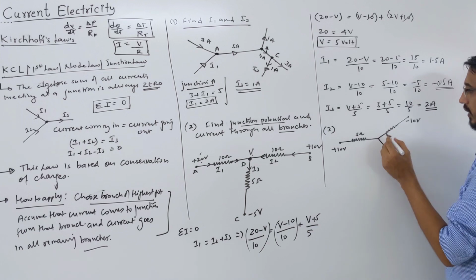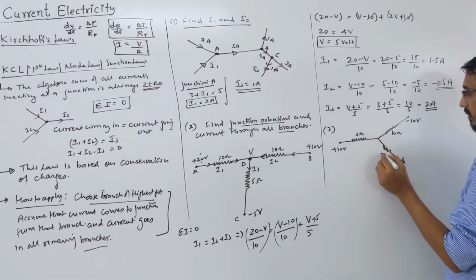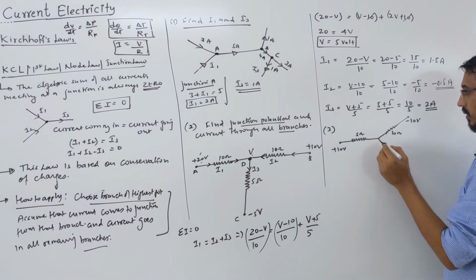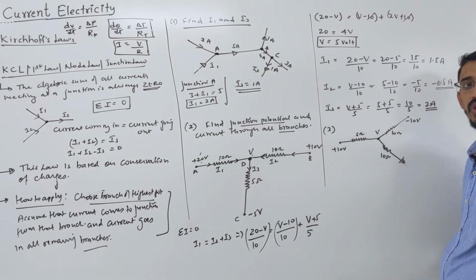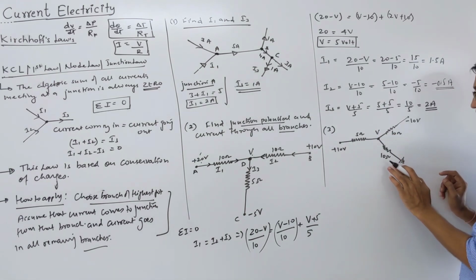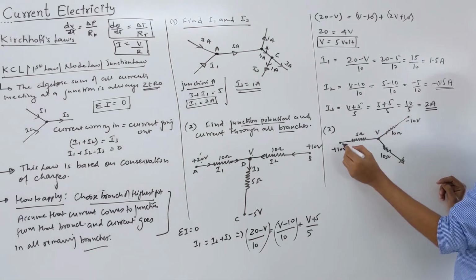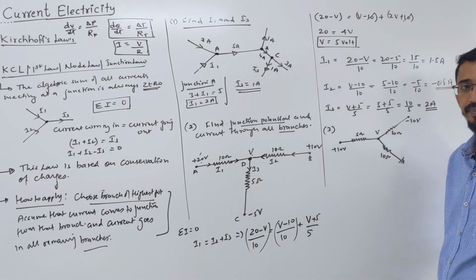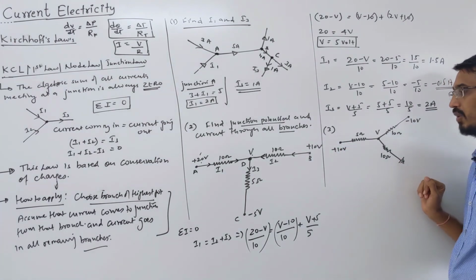So these are the branches given, and we have to find the junction potential here. This is grounded, that's minus 10 volt, and this is plus 10 volt. Clear?